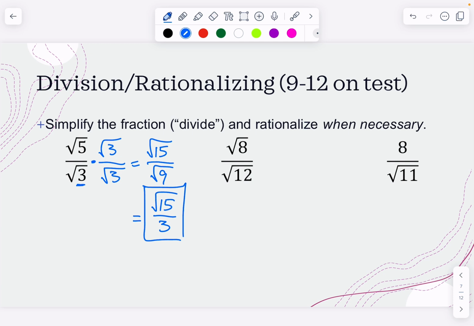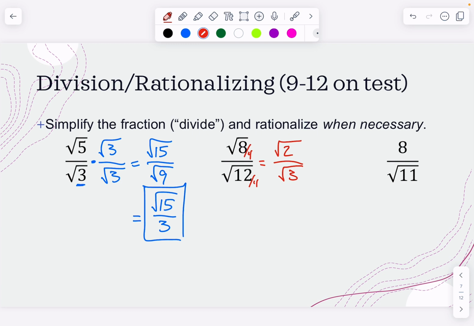Now this next one is very similar to that, though I can simplify 8 over 12 to, well, I can divide 8 by 4 and I can divide 12 by 4, giving me square root of 2 over square root of 3. This is going to simplify what I have to do early instead of having to simplify late.